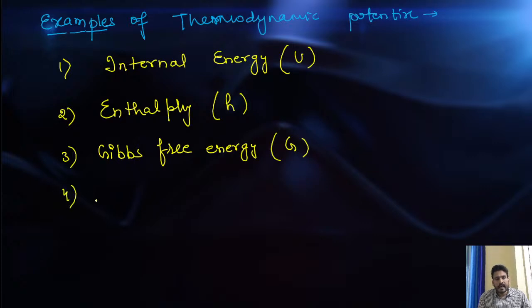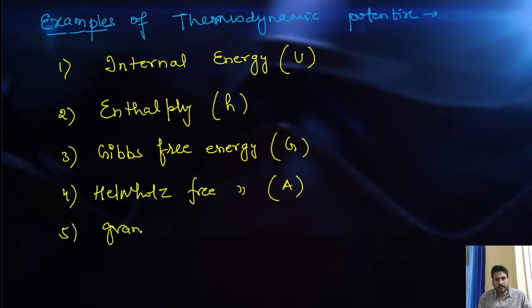Fourth, Helmholtz free energy. It is denoted by capital A. Okay. Fifth is the grand potential. One by one we will discuss these. The fifth will have no use from our GATE point of view, but there will be discussion of all the other four types of energy.